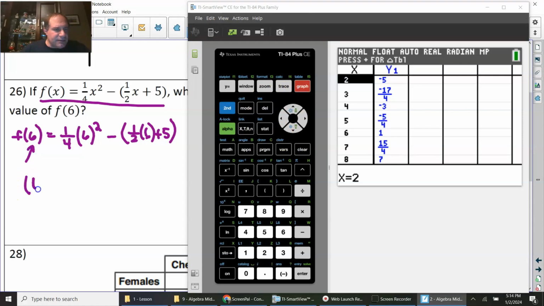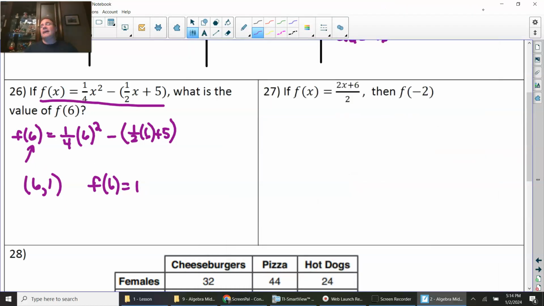When x is 6, what's the y? When x is 6, the y is 1. So f of 6 equals 1. And that's it. Like, I don't want to bother with the substitution and the confusion and all of that, because it's confusing to me, especially with the squared.